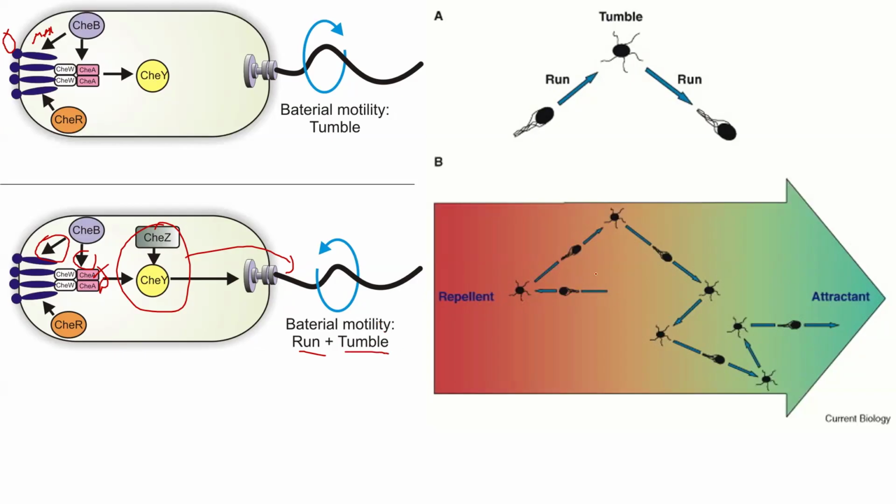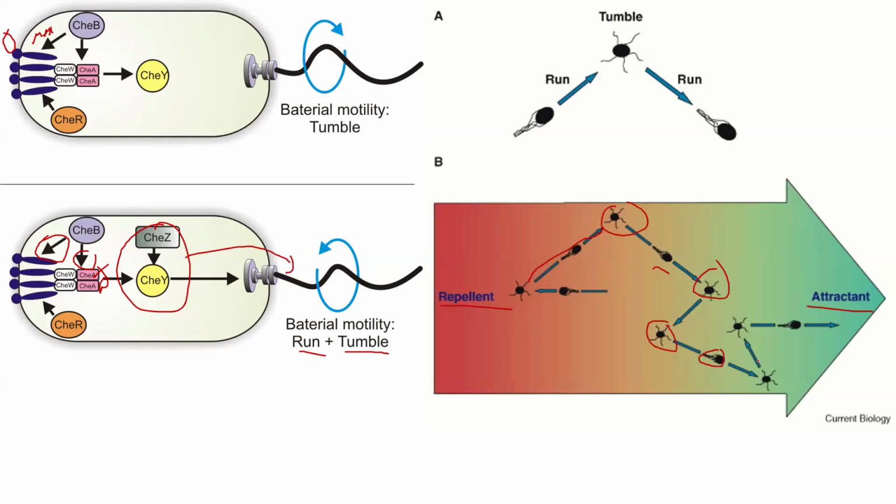Again, here is this kind of function of repellent and attractant, right? You get run, tumble, tumble, and now as you start to enter into the green, you start to sense the attractant.